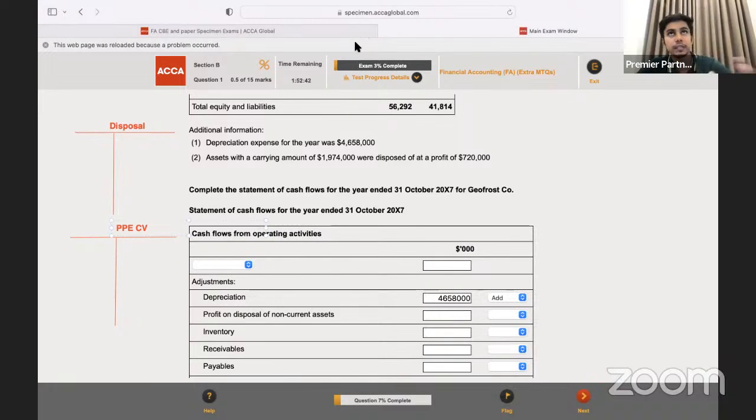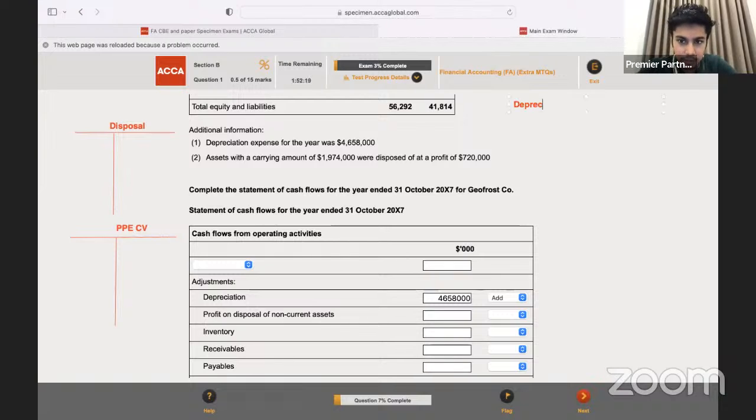Now, normally, guys, from A levels, the PPE account is always held at cost. Now, moving on to FA, the PPE account is always held at carrying value. So if the PPE account is held at carrying value, as a student, you just need to know two important things. Right. Number one, depreciation.